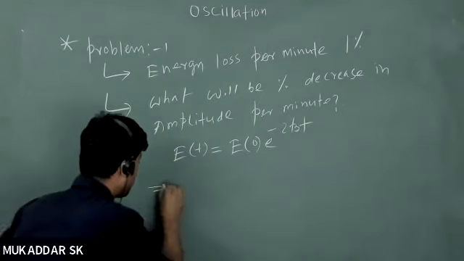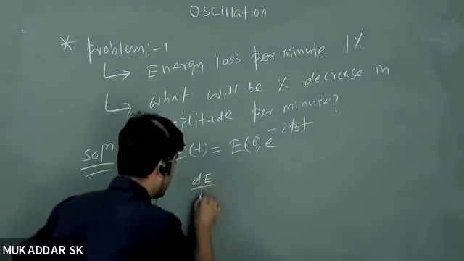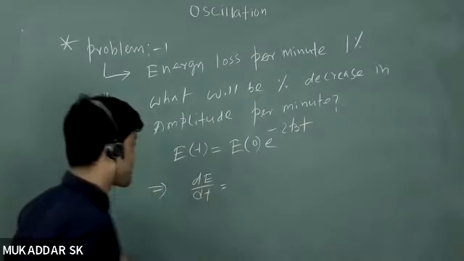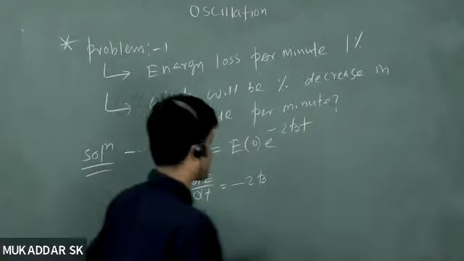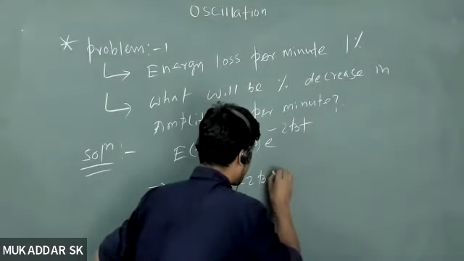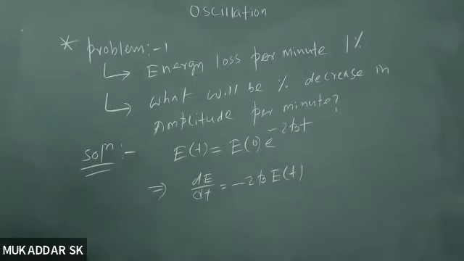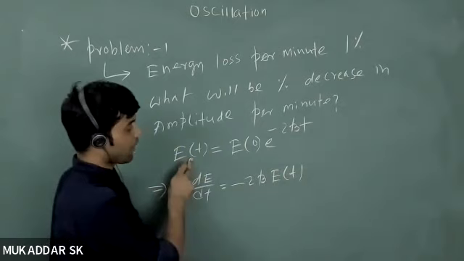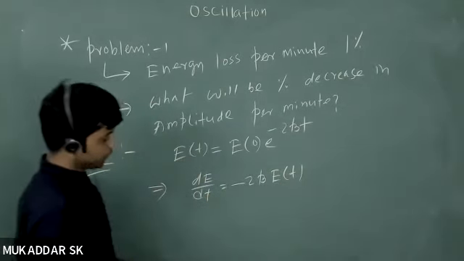If you differentiate with respect to time, dE by dt becomes minus twice beta E of t.